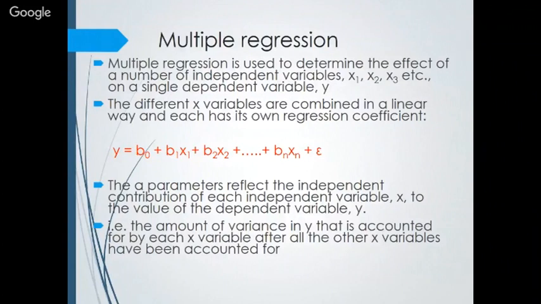The parameters reflect the independent contribution of each independent variable x to the value of the dependent variable y. That is the amount of variance in y accounted for by each x variable, once all the other x variables have been accounted for.